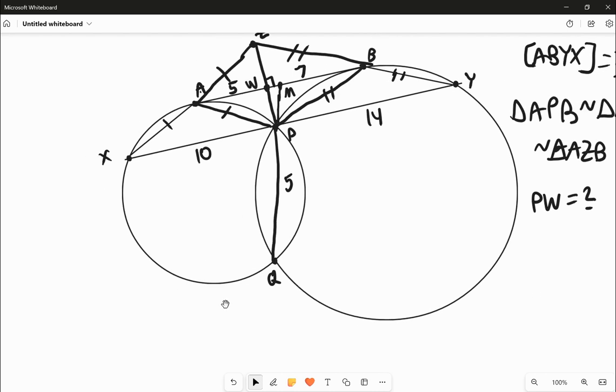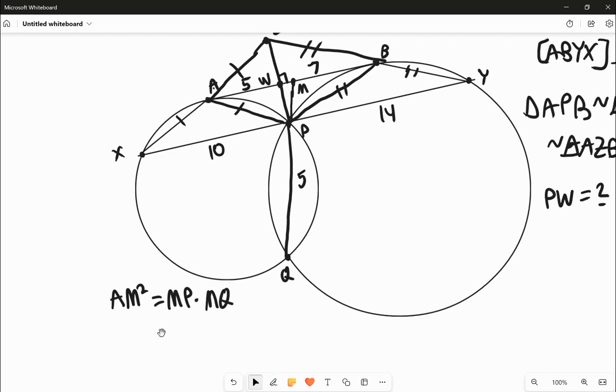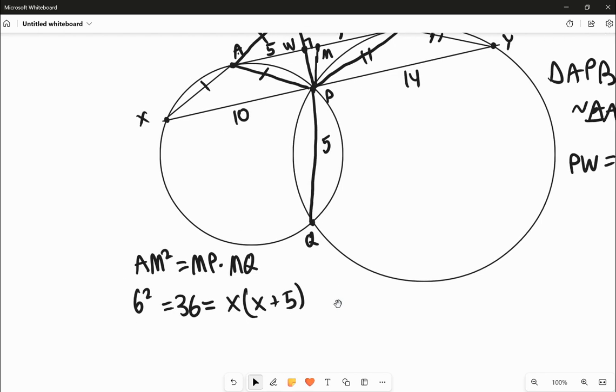We get that AM squared is equal to MP times MQ, as I said earlier. But AM squared is just 6 squared, which is 36. And if MP is some length x, suppose, then it's x times x plus 5. If we rearrange it, we get x squared plus 5x minus 36 is equal to 0.